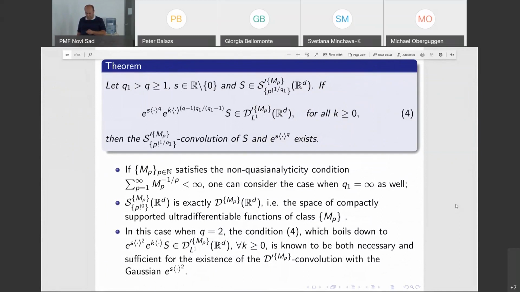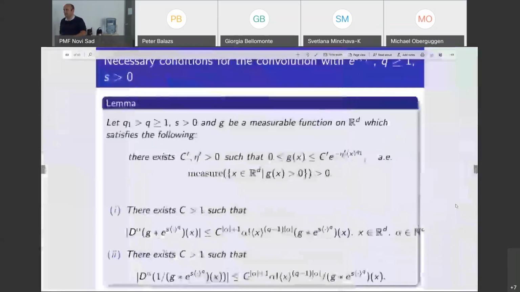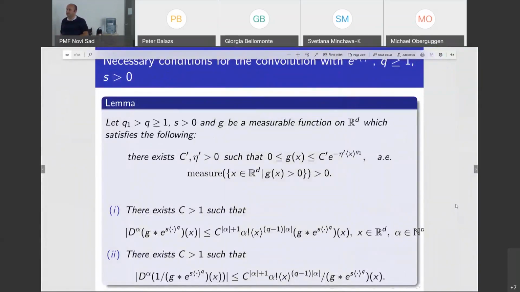So this is regarding sufficient conditions. So when the convolution exists, what needs to be fulfilled? Now we do it the other way around. So these are necessary conditions. These calculations are different.